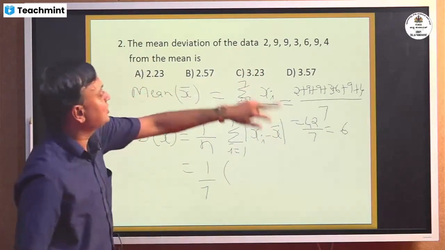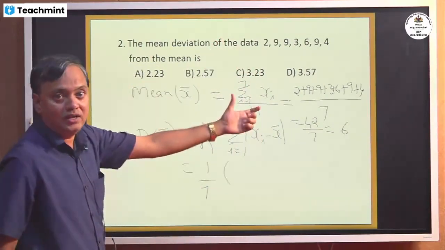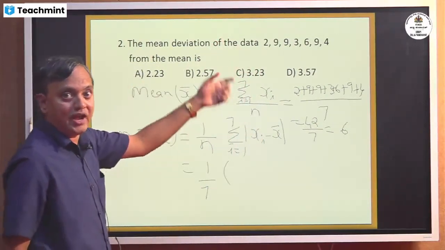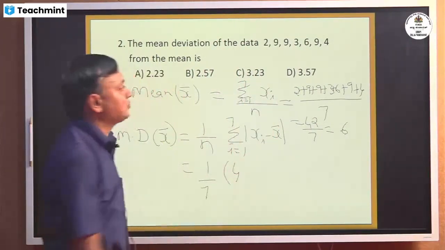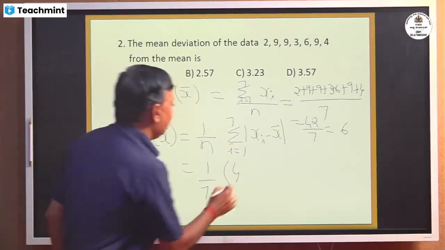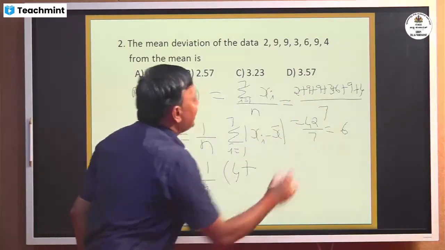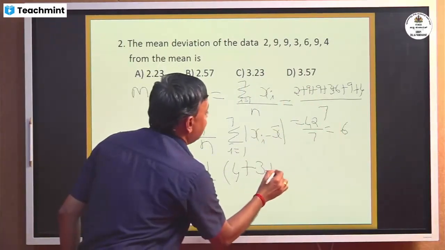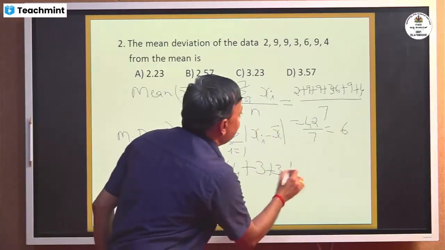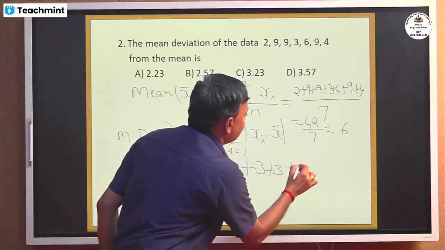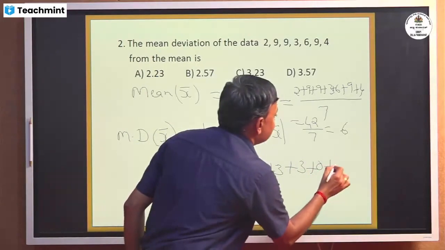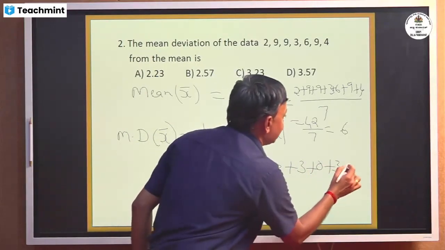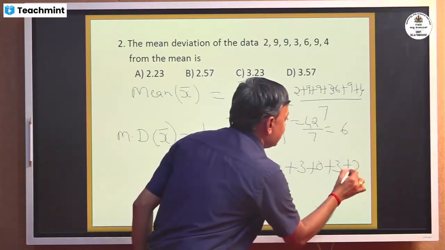Here what is modulus of xi minus x bar? 2 minus 6 or 6 minus 2, but we have to take the difference of deviations and their modulus. So 2 minus 6, or its modulus is 4, plus 9 minus 6 is 3, plus 9 minus 6 is 3, plus 3 minus 6, or its modulus is 3, then 6 minus 6 is 0, then 9 minus 6 is 3, and 4 minus 6, or its modulus is 2, correct.